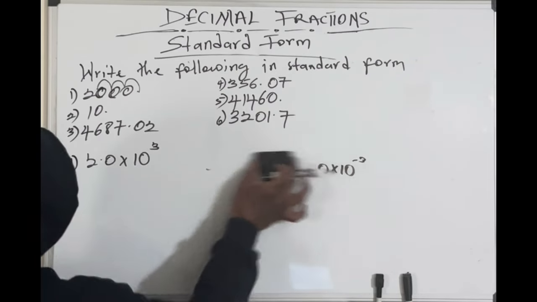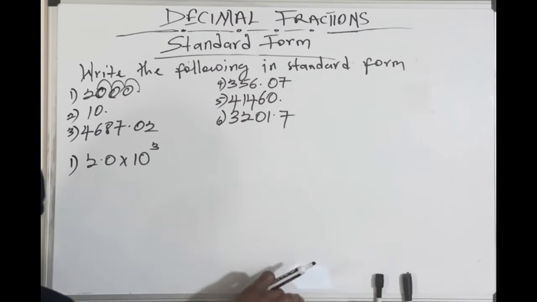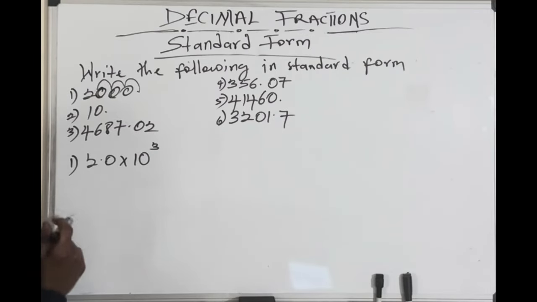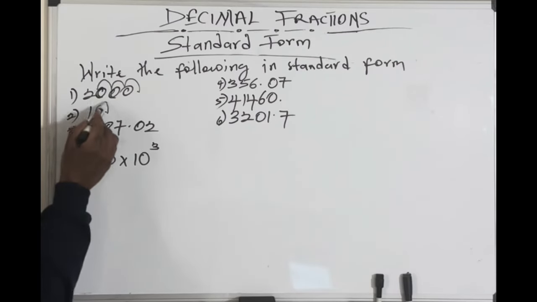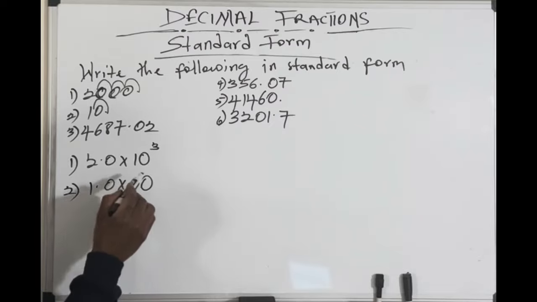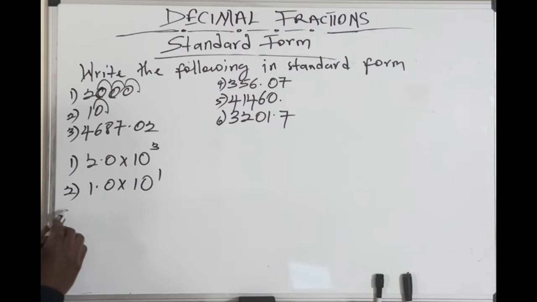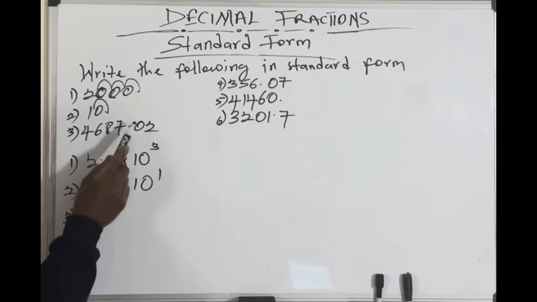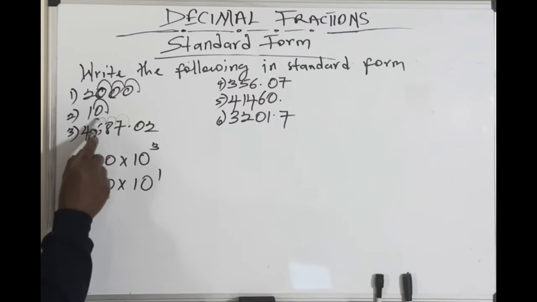So we are doing it this way first, and then we'll go to that part. Second one, which is 10, we move 1. So 1.0 times 10. How many times do we move? 1.